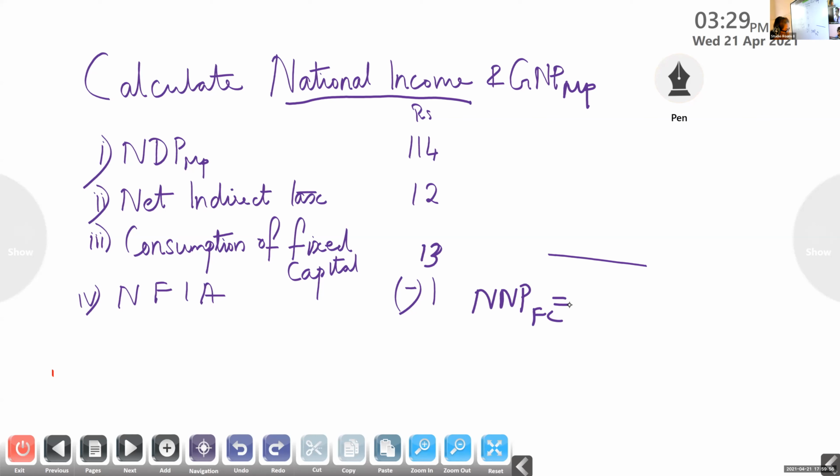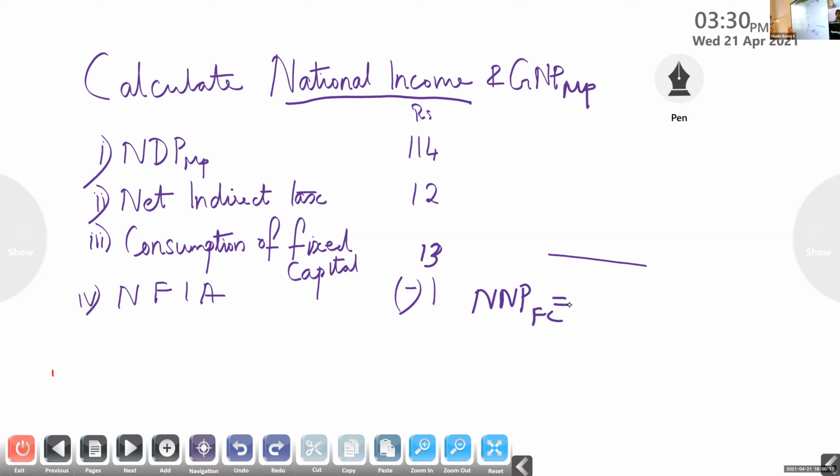Well, how to find out NDPFC? Someone? NDPMP minus indirect tax plus subsidies. Yes, NDPMP minus indirect tax plus subsidies.